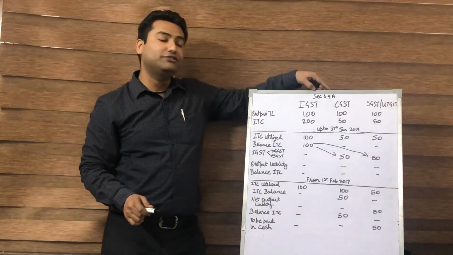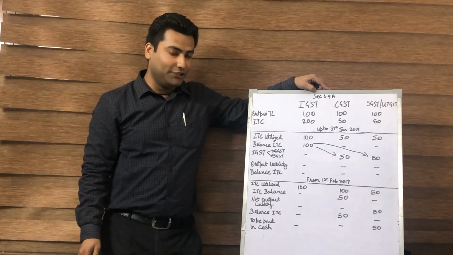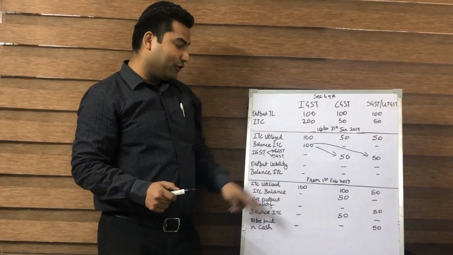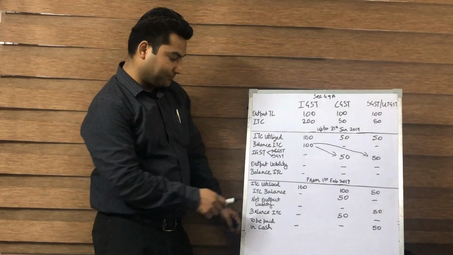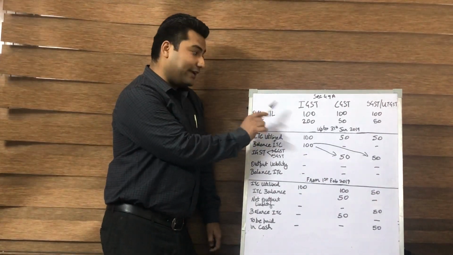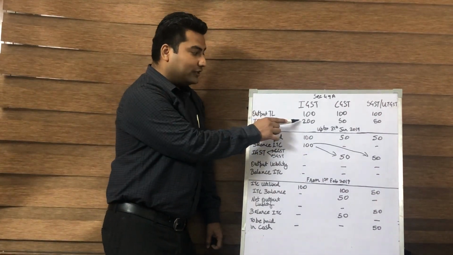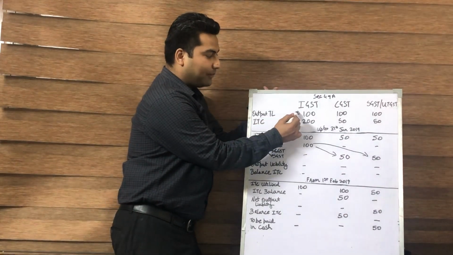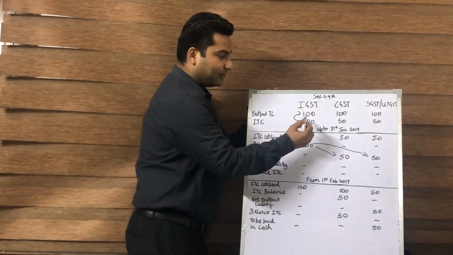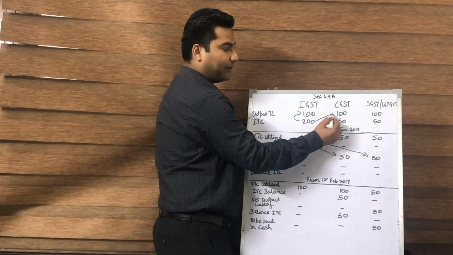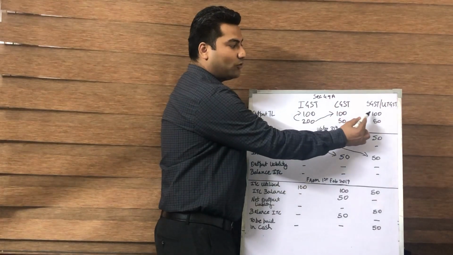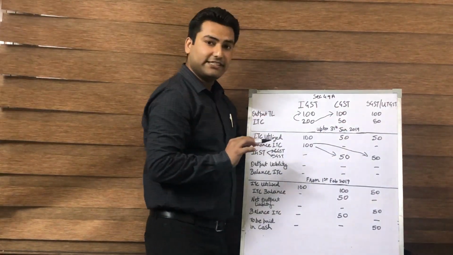Now section 49A has been introduced, as I said, through this GST Amendment Act, and from 1st Feb 2019, I am using the same example. This 200 rupees of ITC first shall be utilized towards the payment of IGST, then towards the payment of CGST, and then towards the payment of SGST if I have.